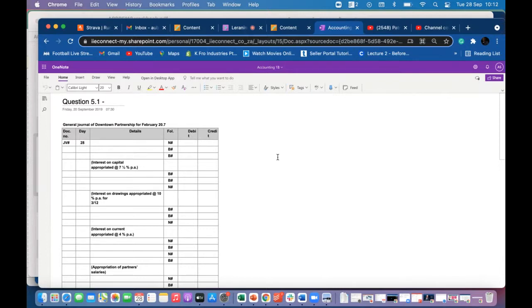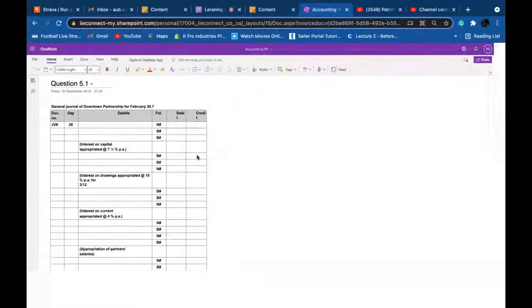So we're happy about the credit balances. That means that we are actually going to reward them because they have credit balances.